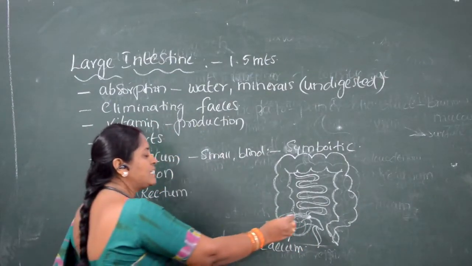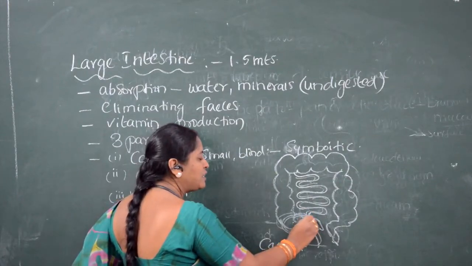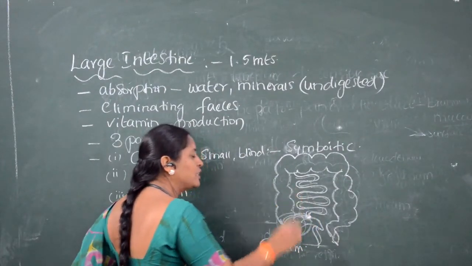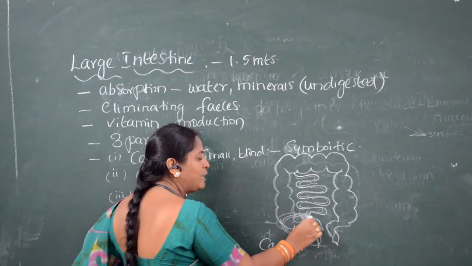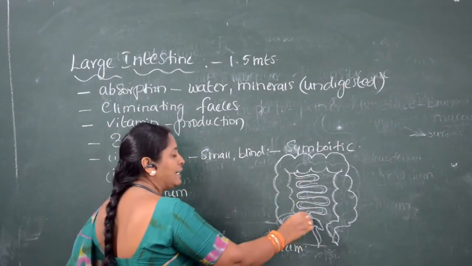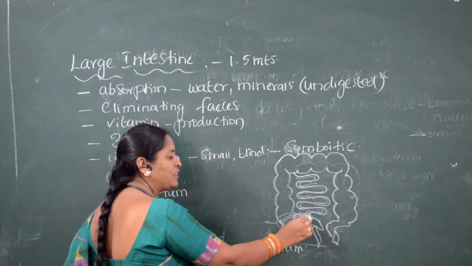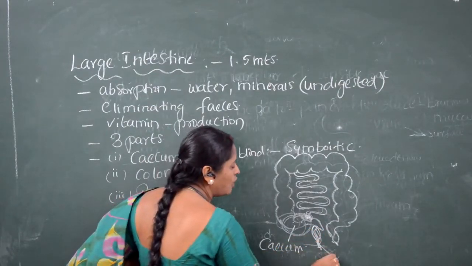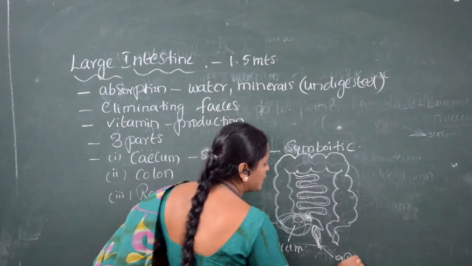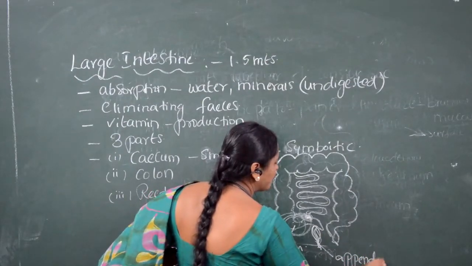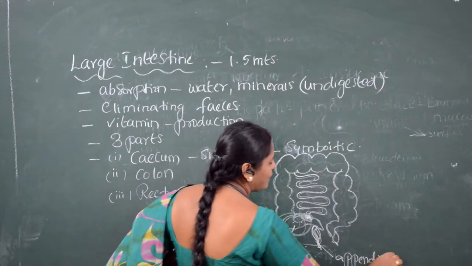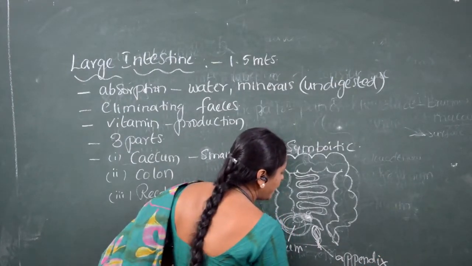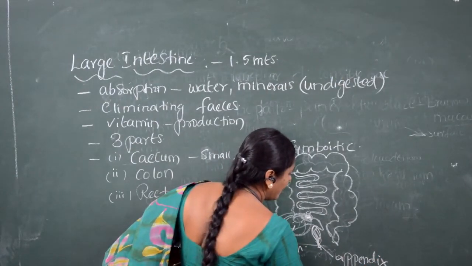And where the ileum enters into the cecum, at the meeting point of the ileum with the cecum, a small finger-like structure called the appendix is formed. The appendix, or we can call it the vermiform appendix.